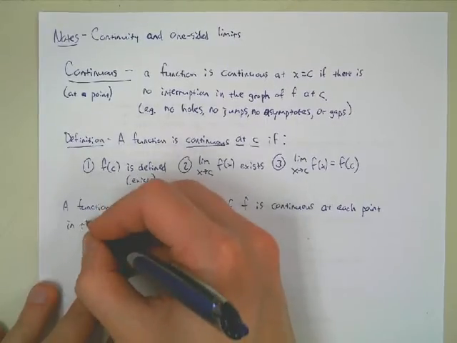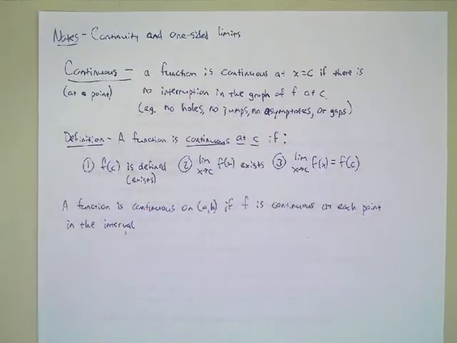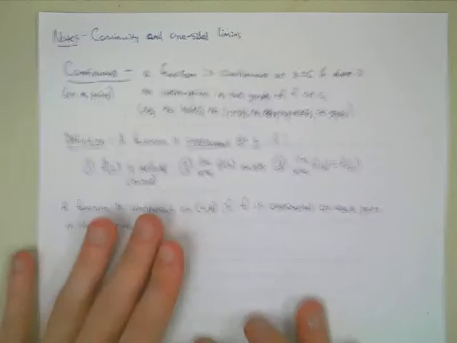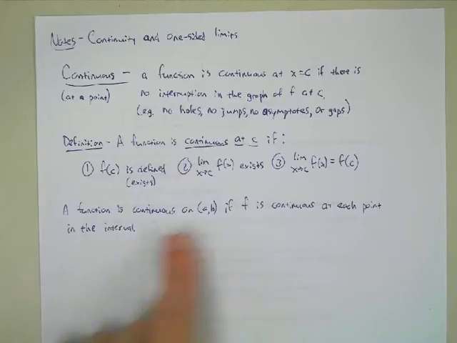So there we've generalized our original definition. This original definition is just for continuity at one point c. We can talk about continuity over an interval basically if f is continuous at every single point in that interval.